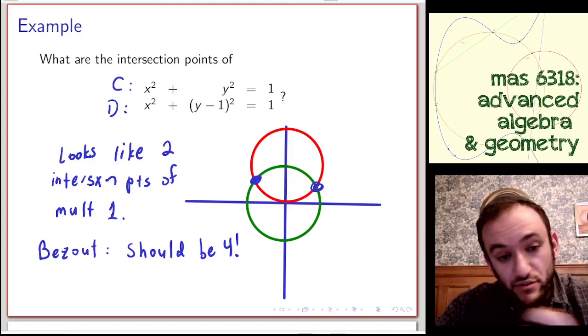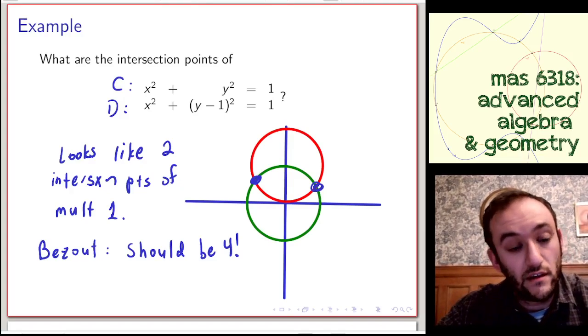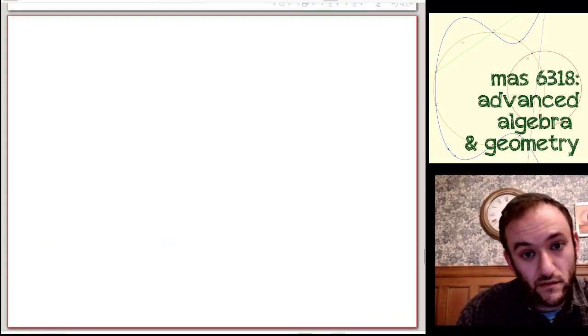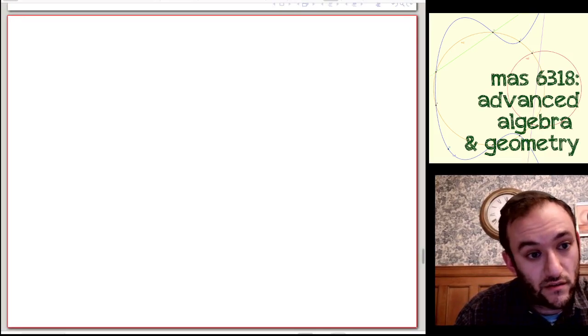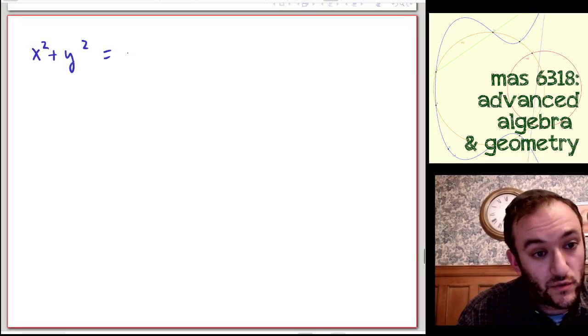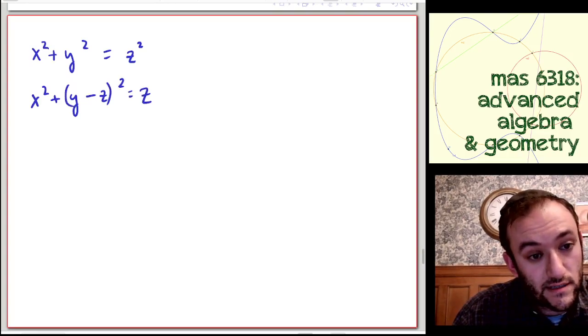So we're going to use the same tool as before. We're going to homogenize and then solve using resultants. So we have x squared plus y squared equals z squared. And then x squared plus (y minus z) squared equals z squared.